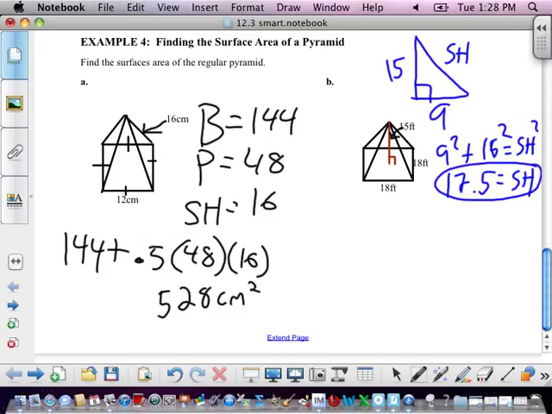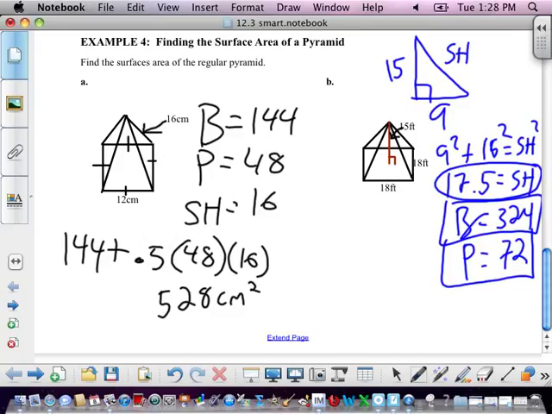Okay. So now we've got one part. What's the area of the base? What's 18 times 18? 324. Good. Okay. What is the perimeter? 18 plus 18 plus 18 plus 18, or 18 times 4? 72. Okay, do I have everything I need? I've got it. Okay.